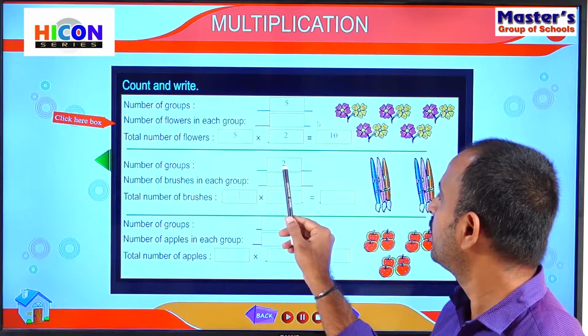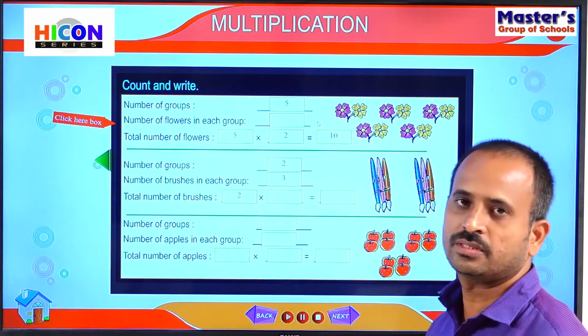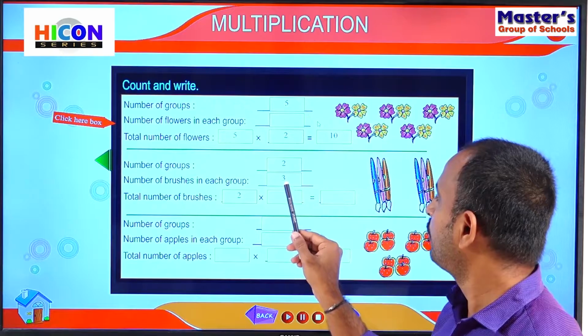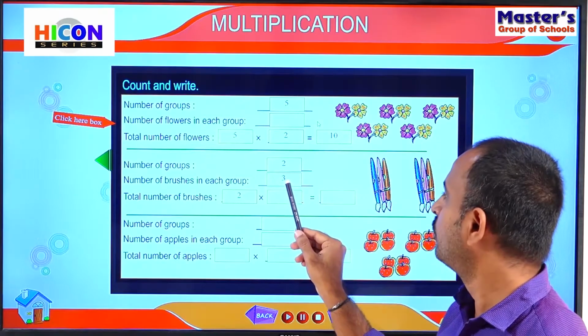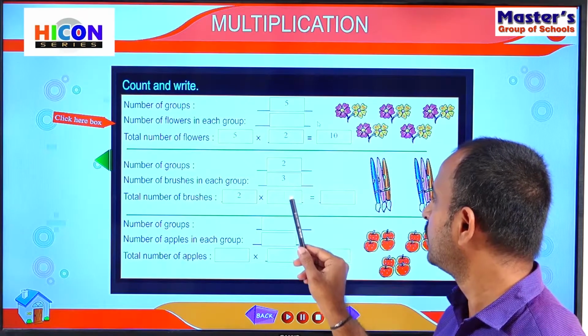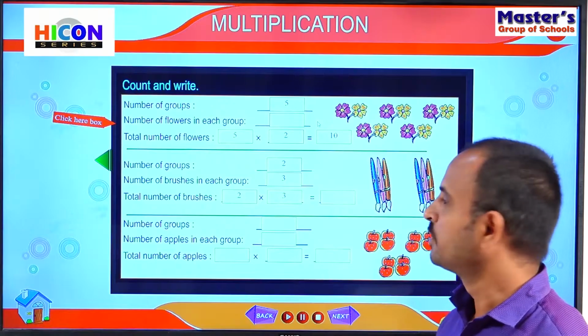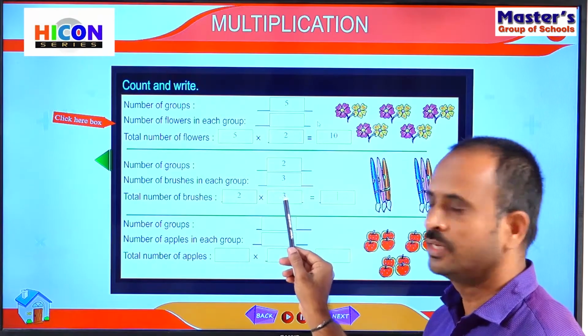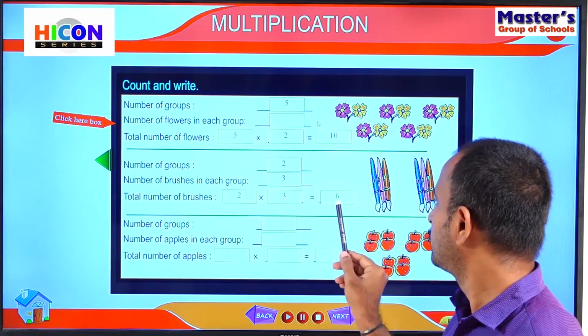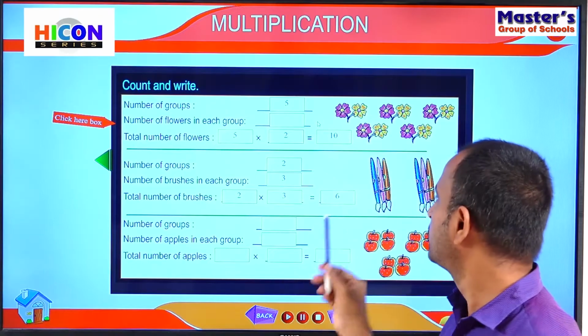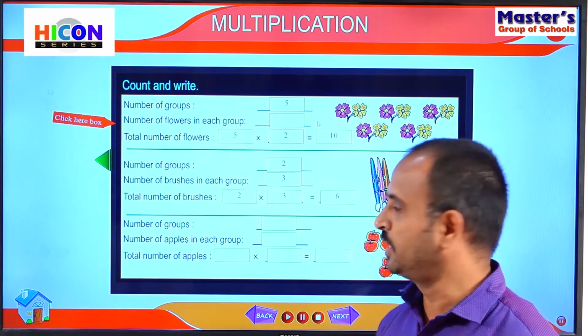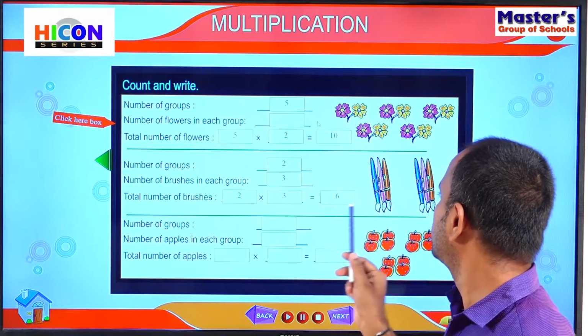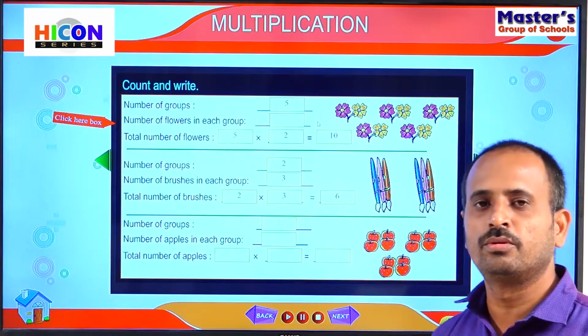How many groups are there? 2. So write 2 first. And number of paint brushes in each group. How many brushes are there in each group? 3. So write 3 here. So 2 into 3, 2 3s are 6. So write 6 in this box. So children, there are total 6 paint brushes in the 2 groups.